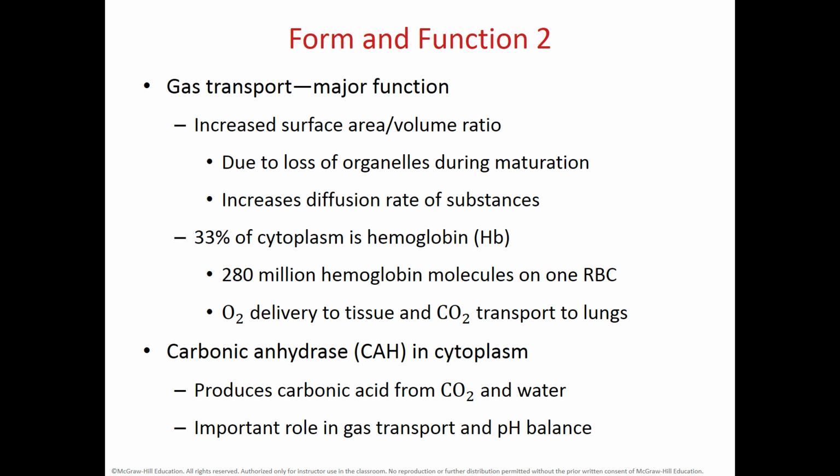Now, within the cytoplasm of the red blood cells, we have hemoglobin, the protein that transports these gases, CO2 and oxygen. 33% of the cytoplasm, or 1/3 of the cytoplasm of the erythrocytes, is occupied by hemoglobin, or Hb. So we have around 280 million hemoglobin molecules on one red blood cell.